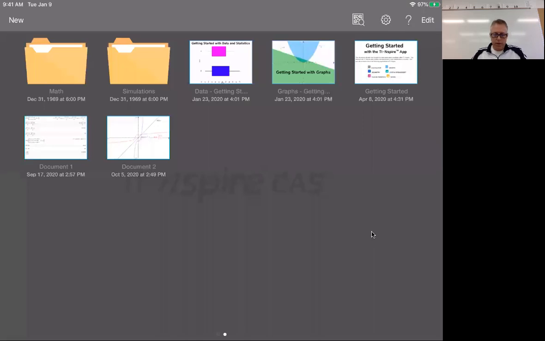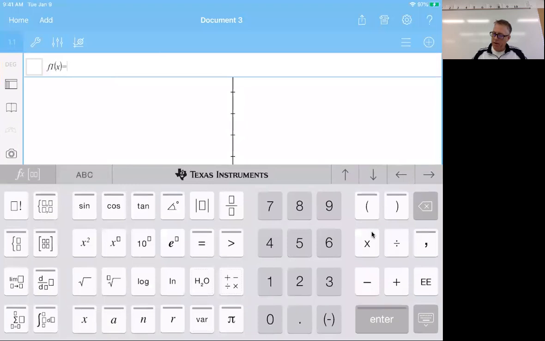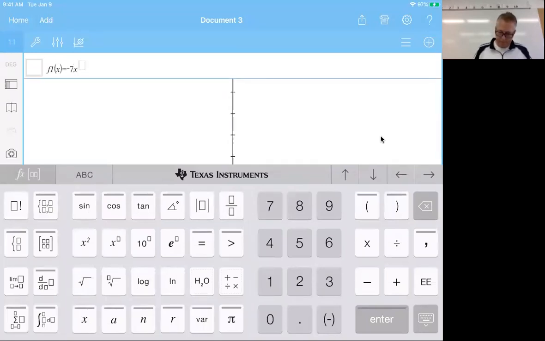So I'm going to hit new, and I want a new graph. And here is going to be our function. Our function is negative 7x to the 5th plus 2x to the 3rd minus 5x squared plus 1.